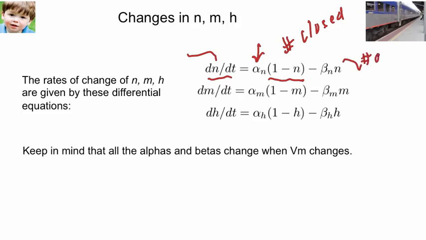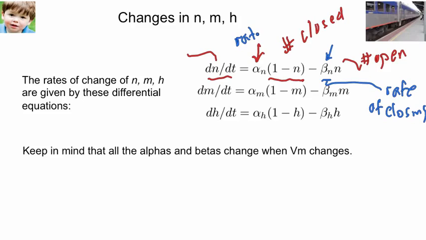N will be the number open. And beta, this coefficient, tells us how rapidly channels that are open are going closed. So beta is the rate of closings. Alpha is the rate of opening.